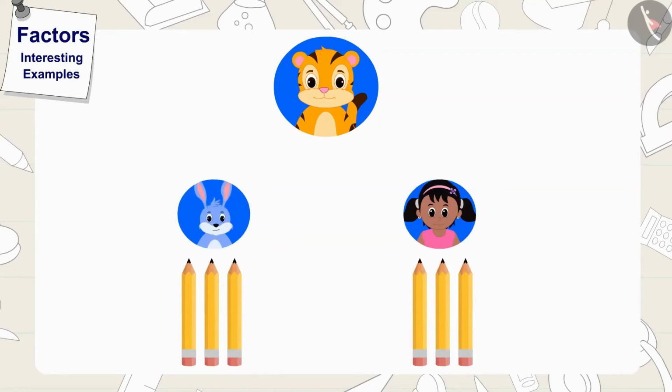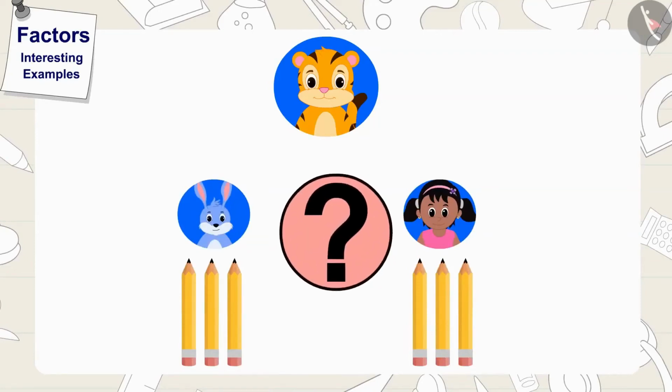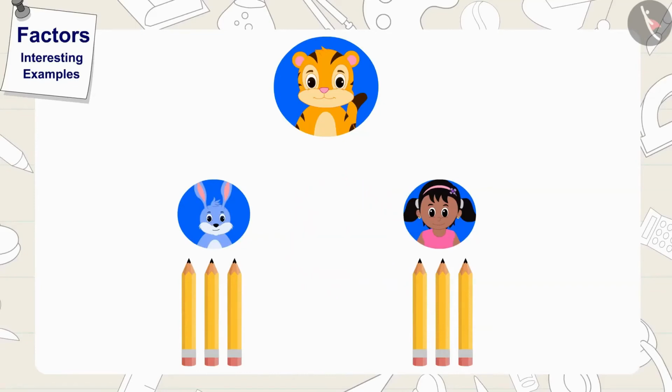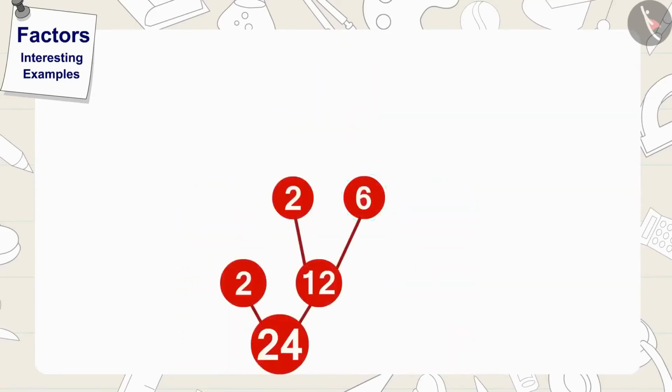How did we find this answer? That's correct. Finding the factors of 6. Appu once again made 2 lines and circles in this way and wrote the numbers 2 and 3 in it.